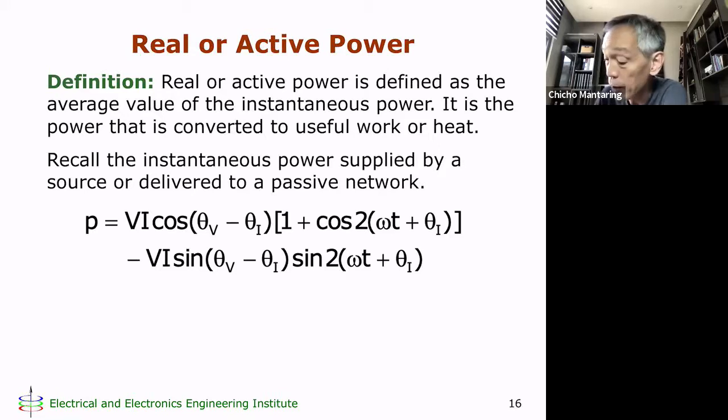This is your real power, the reason being the average value of this is equal to 0. And then this is your reactive power. No, sorry. The negative of this is your reactive power.